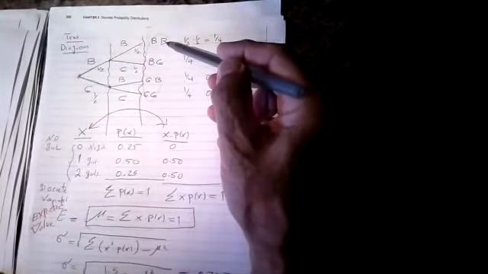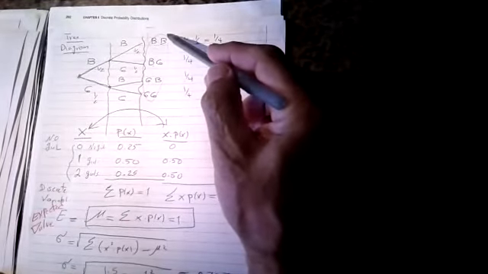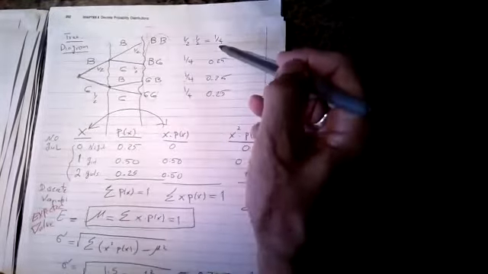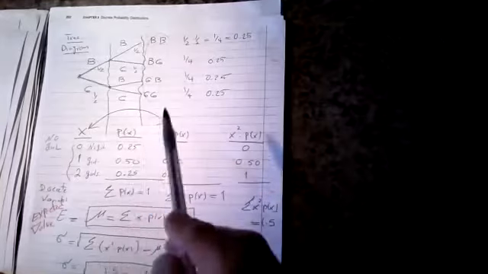Now we look at all these 4 options here. What's the probability of the couple having no girls? No girls means both of them boys. So it's 25%.